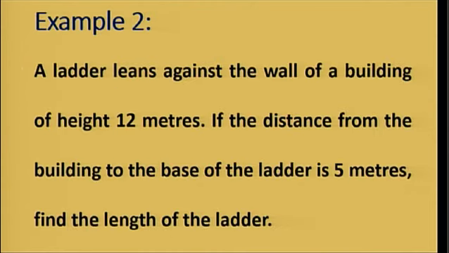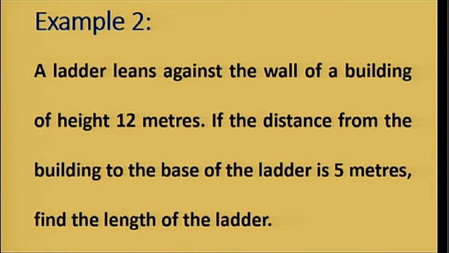A second example: a ladder leans against the wall of a building of height 12 meters. If the distance from the building to the base of the ladder is 5 meters, find the length of the ladder. In such type of questions, it is good to draw a diagram.